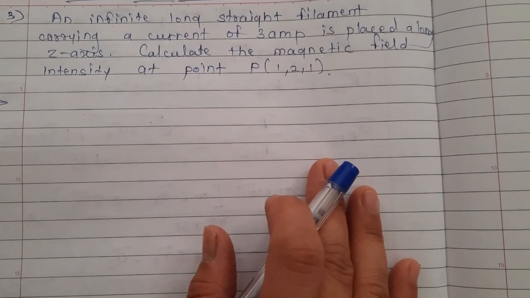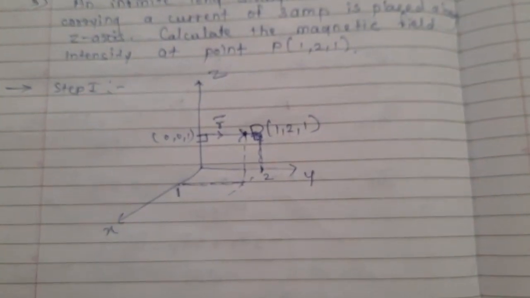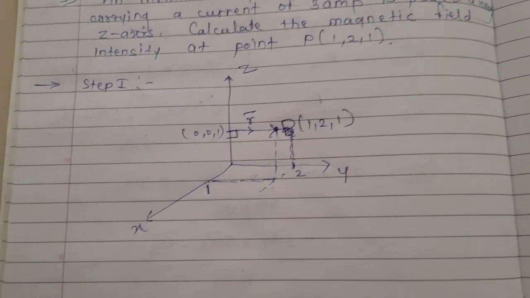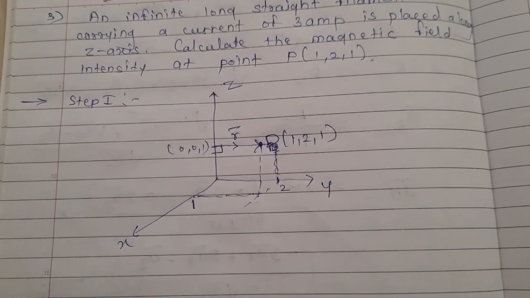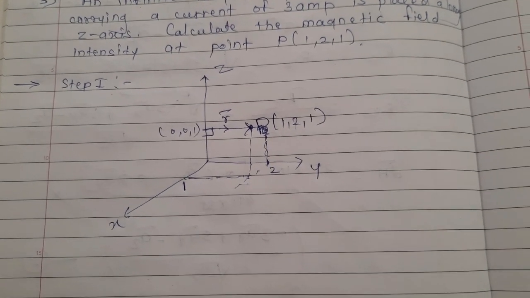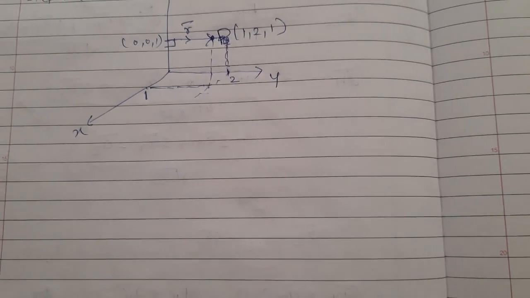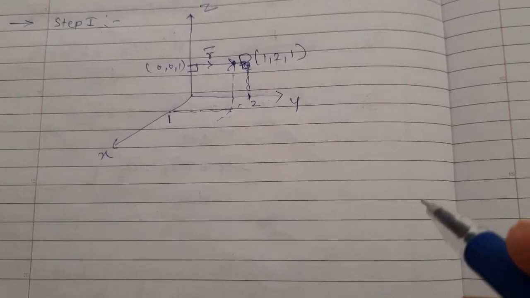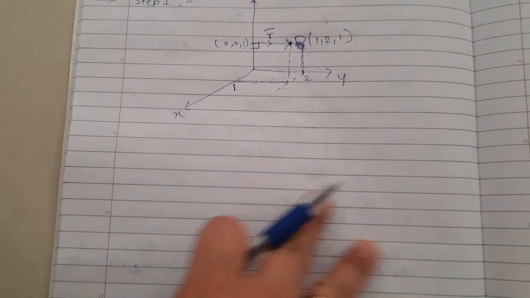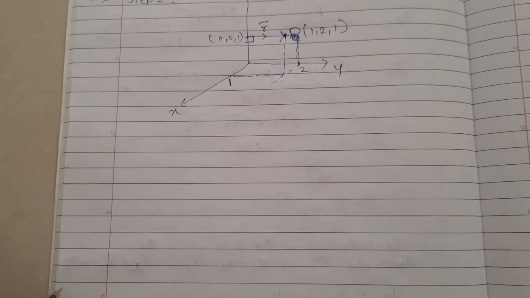So step 1, the given point, we have to show it in the figure. So this is the first step, that is draw the perpendicular from point P, the given point, on the current filament. So point P, which is given, is located in the Cartesian coordinate system, which is shown in the figure. The current filament is placed along the z-axis, and the perpendicular is drawn from P on the z-axis.